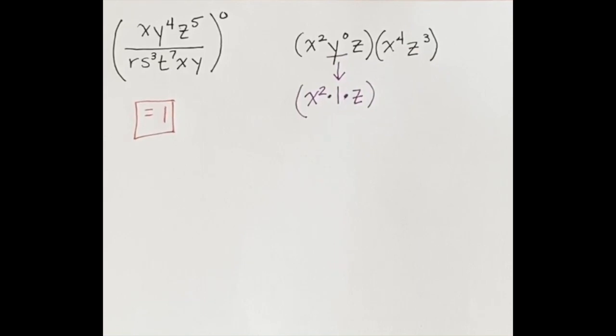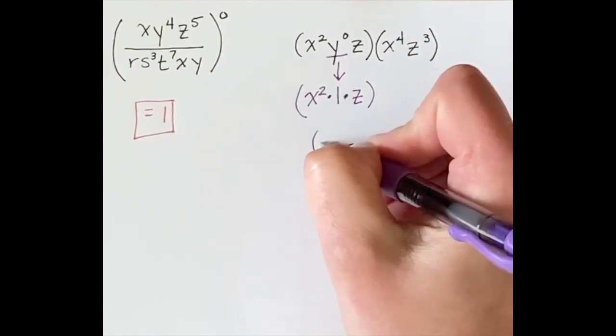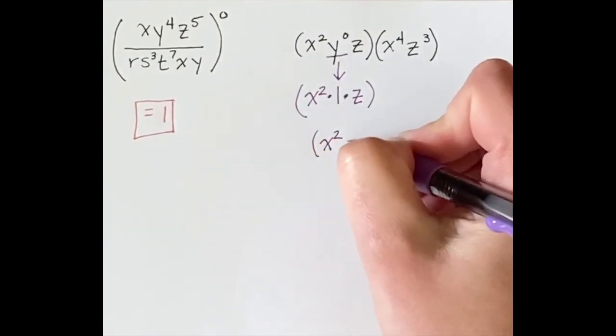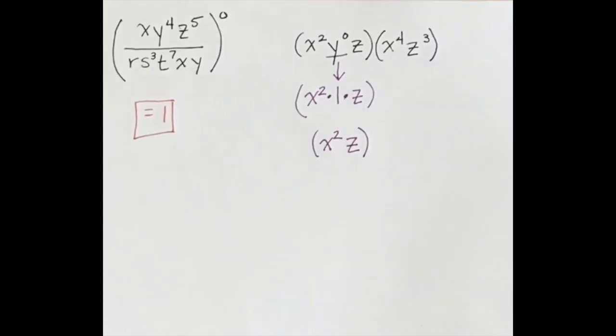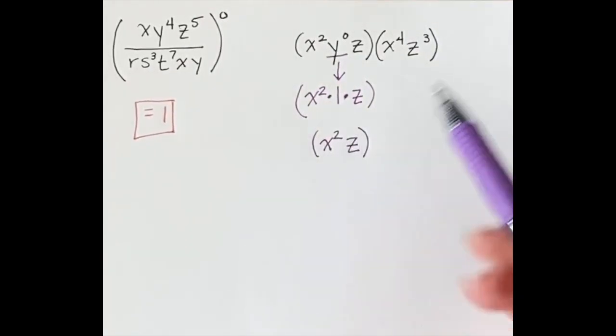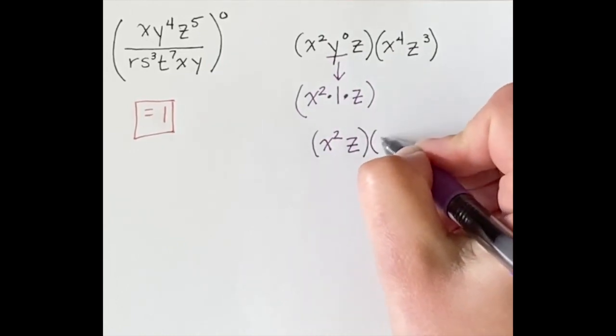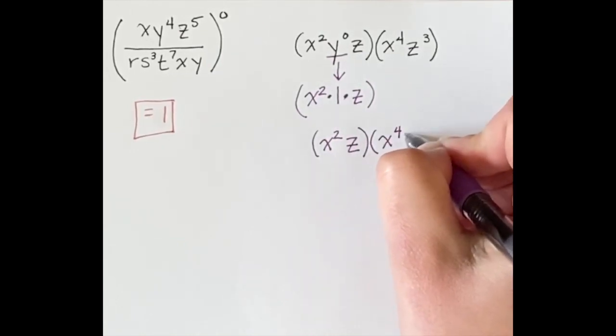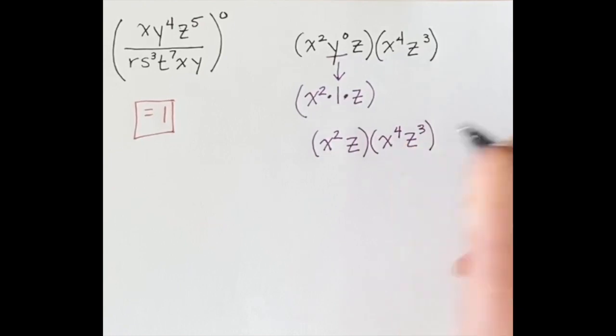Well, as you know, we don't always have to write something as multiplied by 1. You can just drop it because it's the same thing as saying x squared times z. So our problem is now x squared times z multiplied by x to the 4th times z cubed.